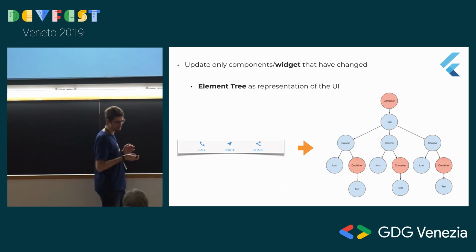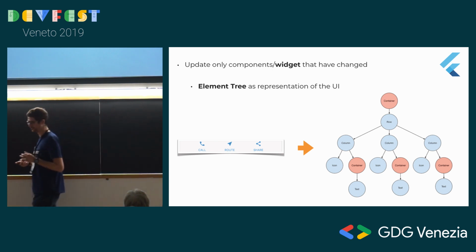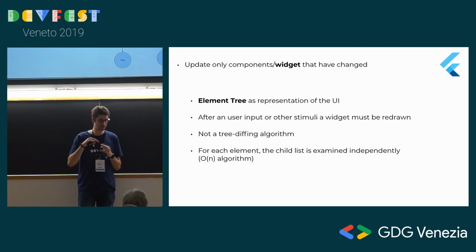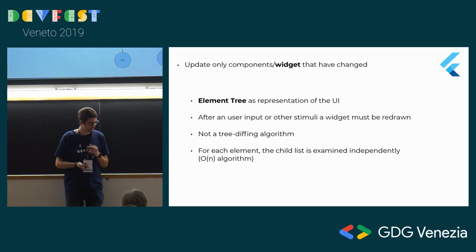On Flutter, instead, there is a tree representation. So, for example, for this menu, there will be a tree like this, and every node is a widget. And when the state changes, the nodes are called dirty. When there is an update on the state, the framework traverses the tree and decides what has to render and not.